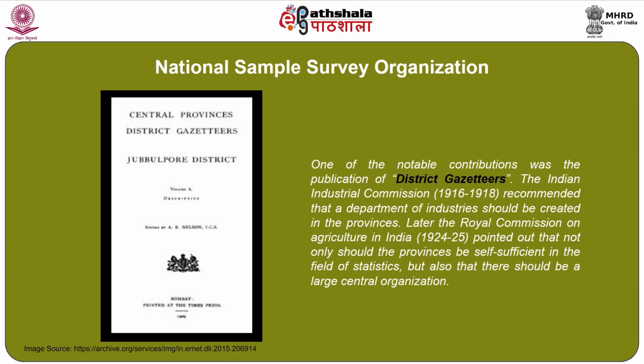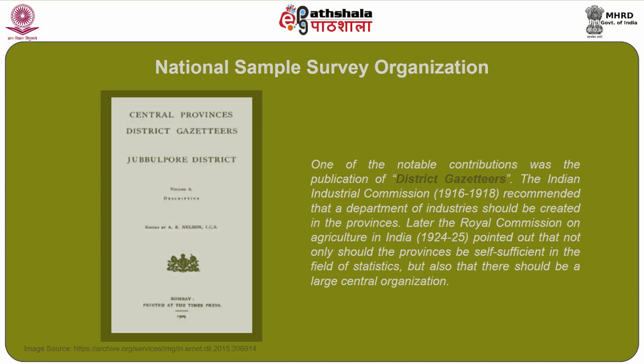One of the notable contributions was the publication of district gazettes. The Indian Industrial Commission, 1916 to 1918, recommended that a Department of Industries should be created in the provinces. Later, the Royal Commission on Agriculture in India, during 1924 to 25, pointed out that not only should the provinces be self-sufficient in the field of statistics, but also that there should be a large central organization.